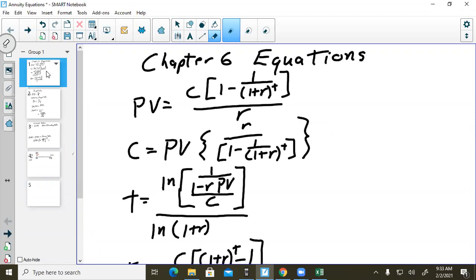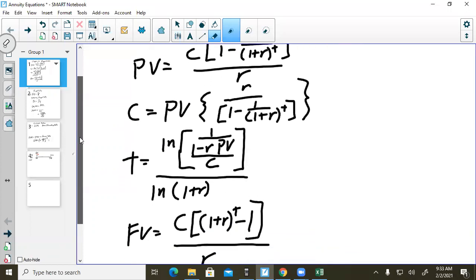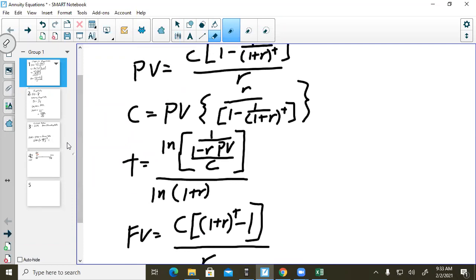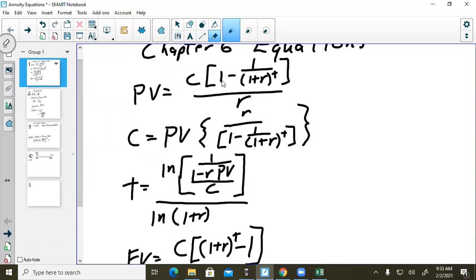Just so you know, when we're working with annuities and things like that, here are the equations for working with an annuity. If you don't have a present or future value interest factor table like what is in the appendix in the back of the book, and you're just straight working with the equations, you can see the present value is the cash flow times 1 minus 1 over the rate to the t, divide all that by r.